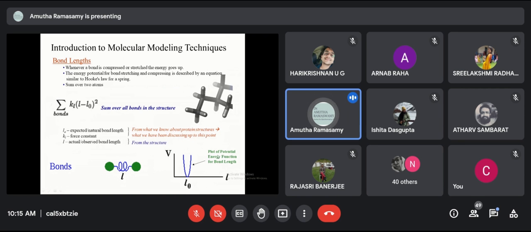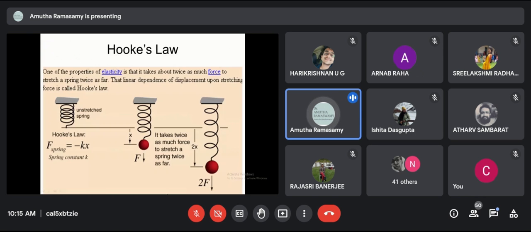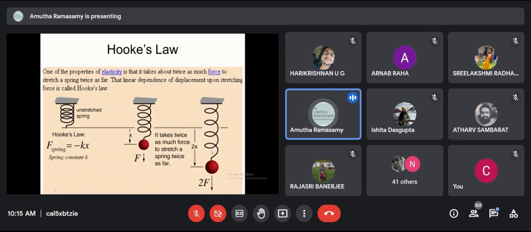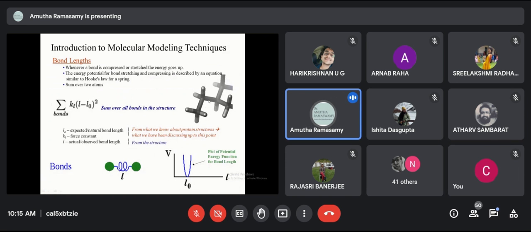So, we are using the same concept, and the force here is proportional to the square of the distance. In the native state it is L0, but when it is changing it is L. So a time dependent change in the bond length is L, but without any disturbance, L0 is the natural bond length.